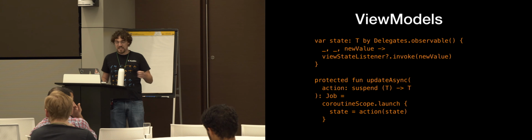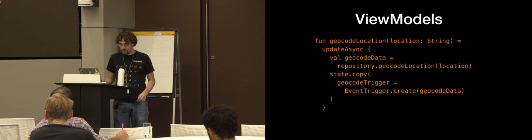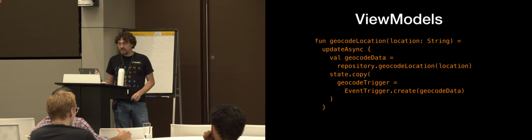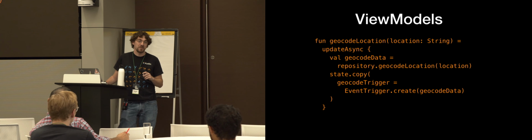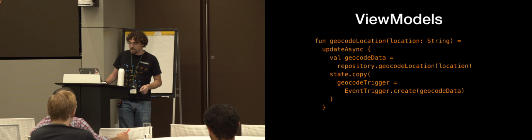And then when that state changes, it will call that listener. For the real calls that the view makes, they just wrap that update async and pass in a lambda that does the work and returns the updated state. So we take our state, copy it with whatever change we want to make, and return that from the lambda.